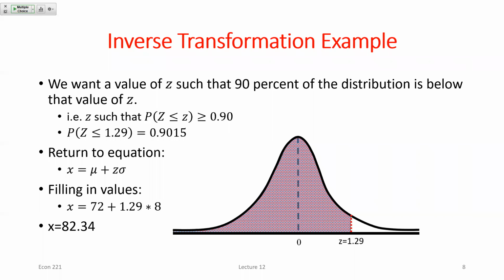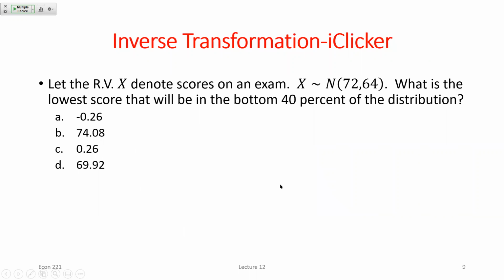Any questions on this process, working in reverse here? So I think I have another one. And I'll just talk through this one with you. So let's say I have the same kind of setup, but now I want to know what would the cutoff be for the bottom 40%.